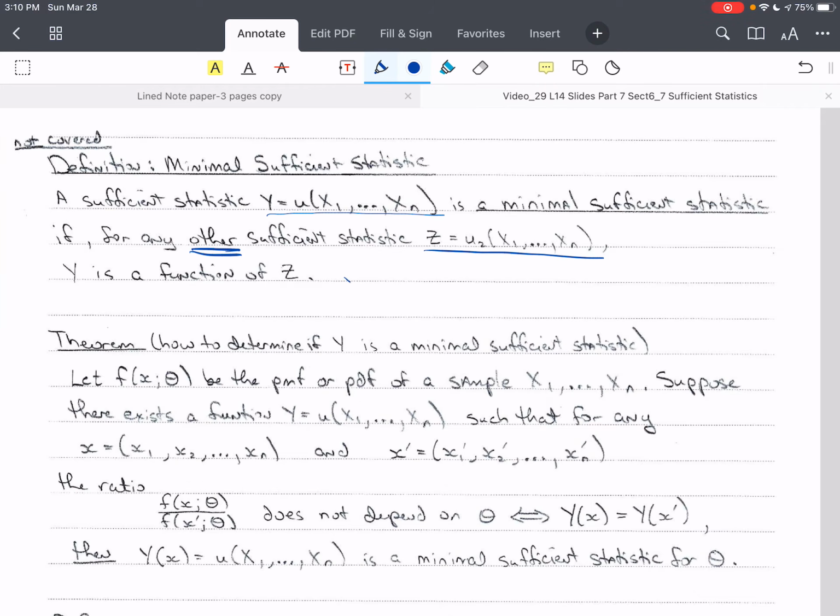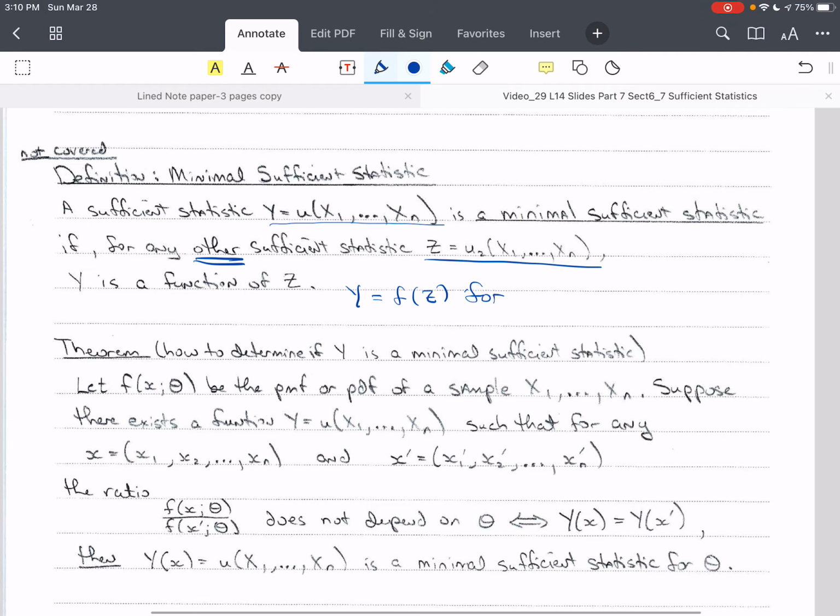So y equals f of z, let's say, for all z that are sufficient statistics. Okay? So, now, that's the definition. So, it's often very difficult to do so. So, we're going to come up with a theorem. How to determine if y is a minimal sufficient statistic.